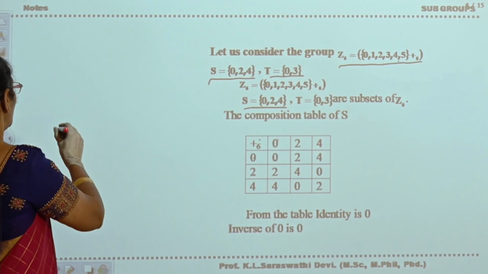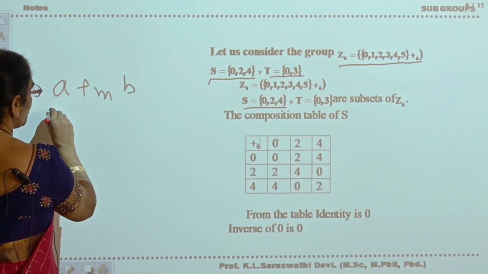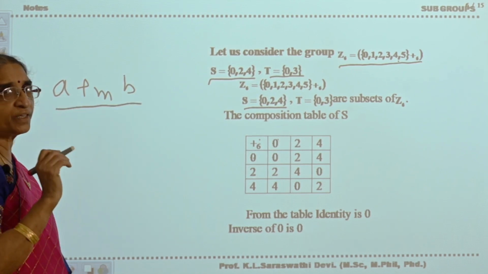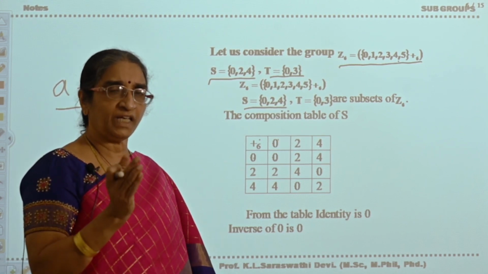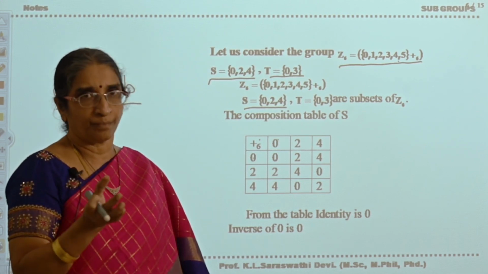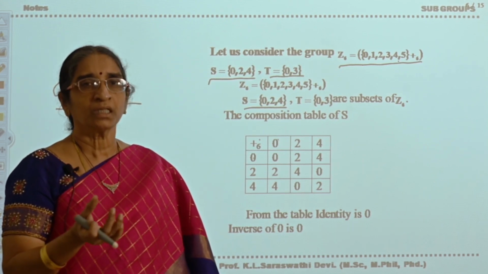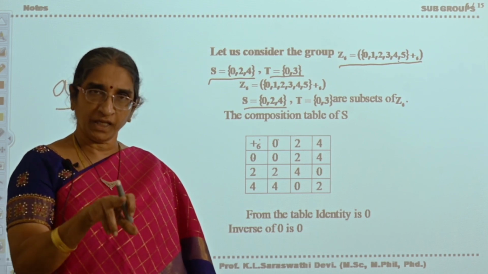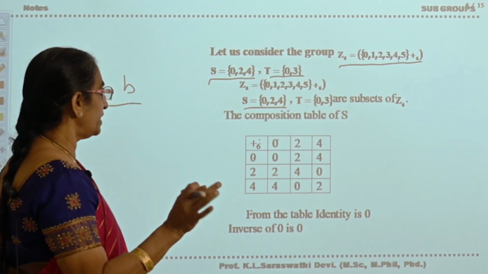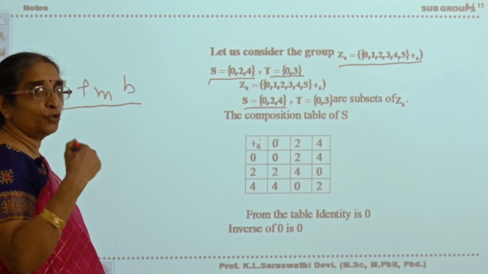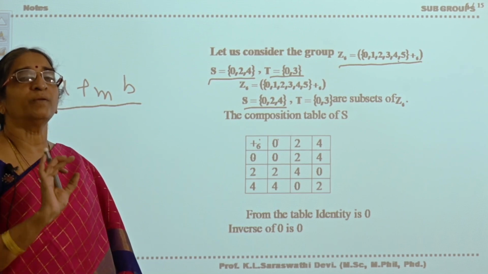Here let me recall the definition of a addition modulo m b: it is nothing but the remainder obtained when a plus b is divided by m. Now is it clear? If the numerator is less than the denominator, then the numerator itself will be the value.